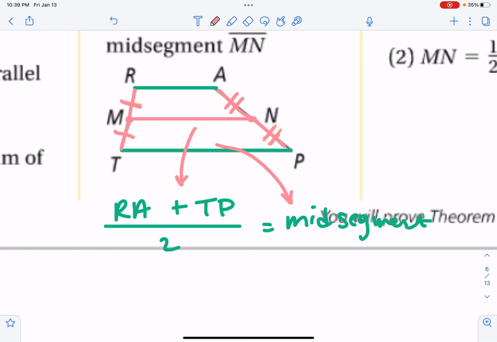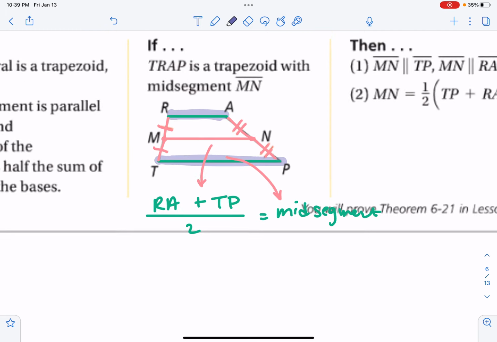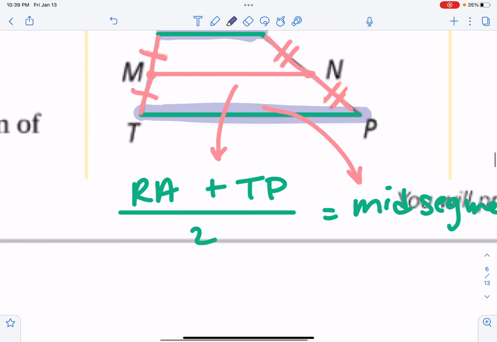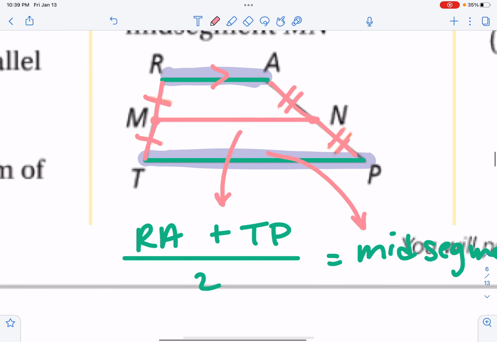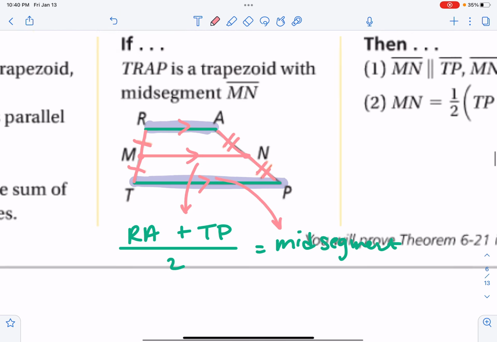So it's just like a triangle where you cut it in half, but this time, since we don't have a point, we just take this number, so whatever this is plus whatever this is divided by 2, and that will give you the pink line. Also, these are all parallel to each other, so they mentioned that as well.